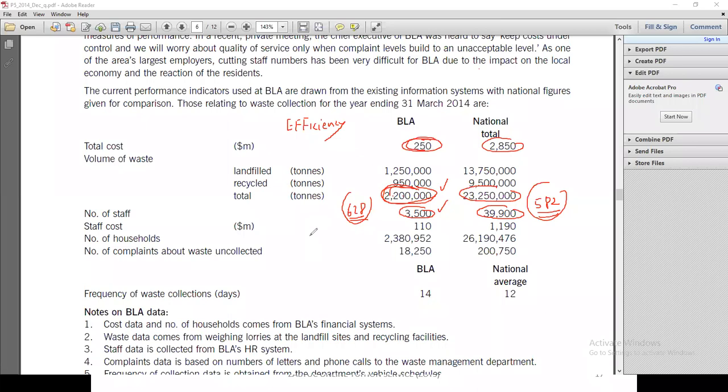So you take your 250 million. Please take your 250 million. $250 million divided by 2. And on this side again, you get your 28.